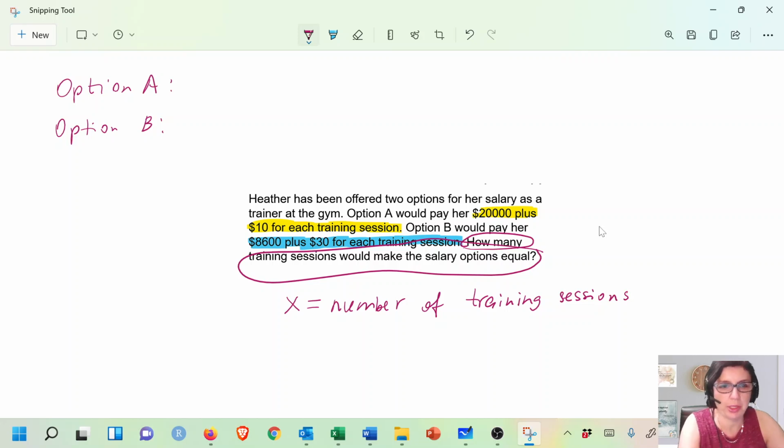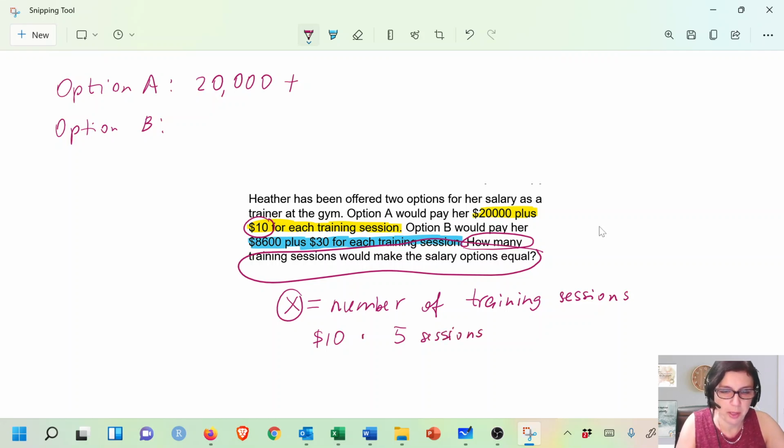Now what would be her salary with option A? First of all, it's going to be $20,000. Is that going to depend on how many training sessions? No, she's going to get that from the get-go. Plus they also pay $10 for each session and we have X sessions. So what should we do? If you have $10 per session and let's say 5 sessions, how much money are you going to get?